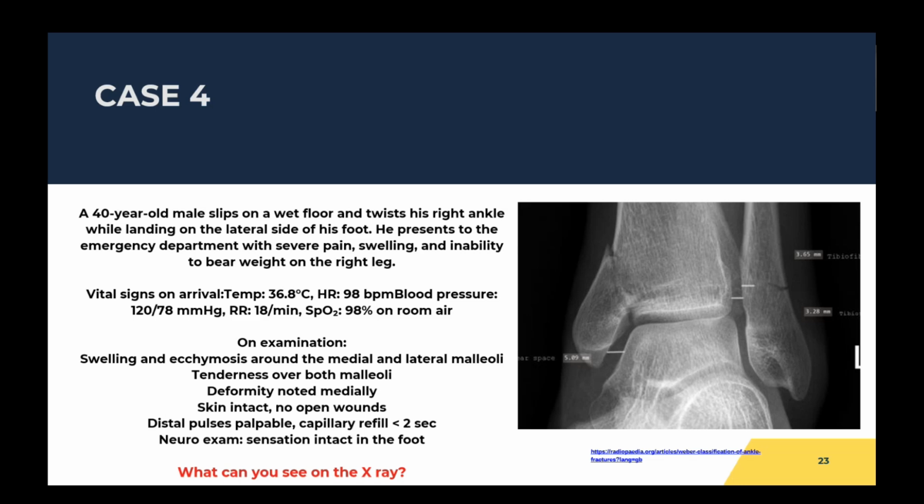On examination, there's swelling and ecchymosis around the medial and lateral malleoli. Tenderness over both malleoli and deformity noted medially. Skin is intact and there are no open wounds, and you can palpate the distal pulses. Normal cap refill. Neurovascular exam is normal as well. Okay, what can you see on the X-ray?